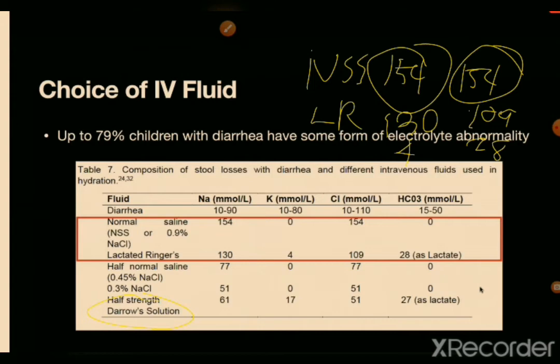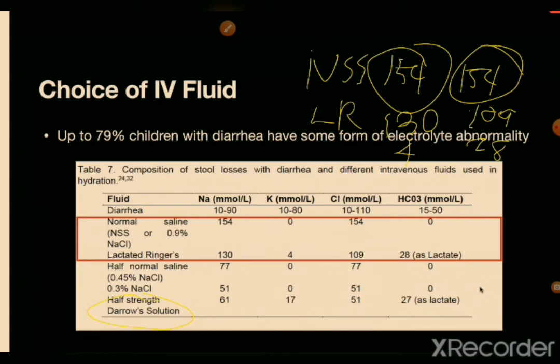For plain NSS, the components: we have 154 sodium, 0 for potassium, and chloride is 154. So equivalent sodium and chloride concentration in the normal saline solution or the isotonic NSS. For the LR, 130 sodium, potassium of 4, chloride of 109, and 28 for bicarbonate.